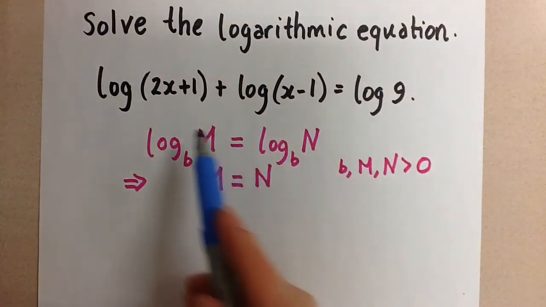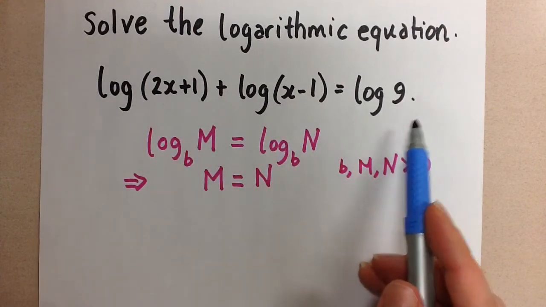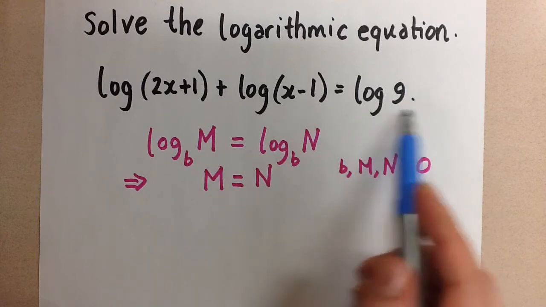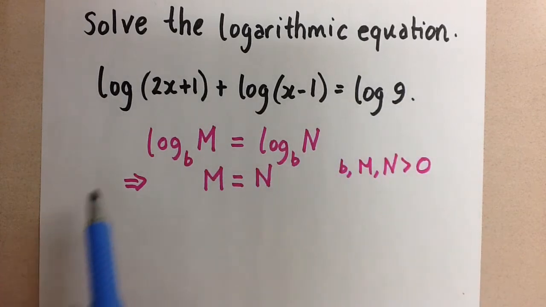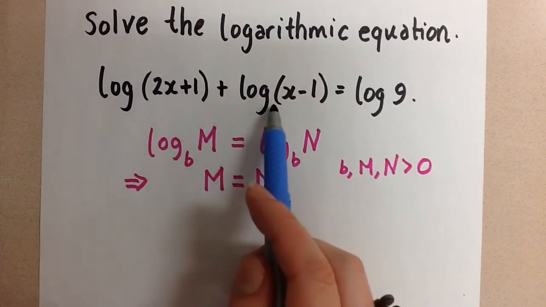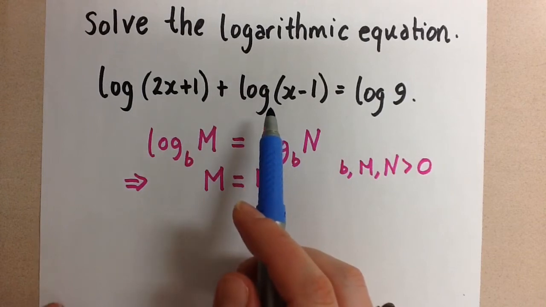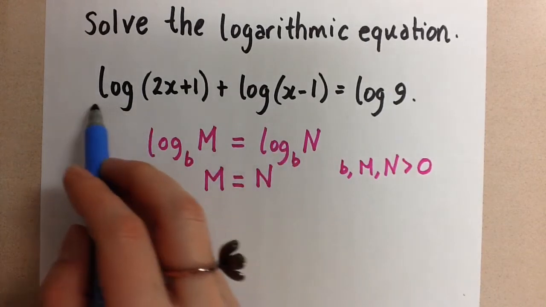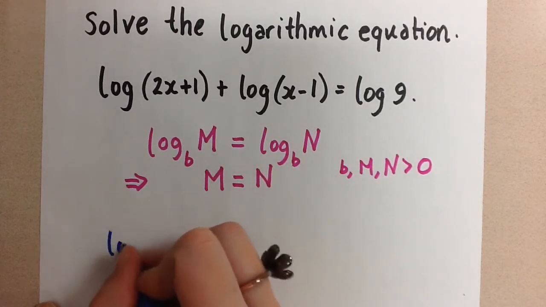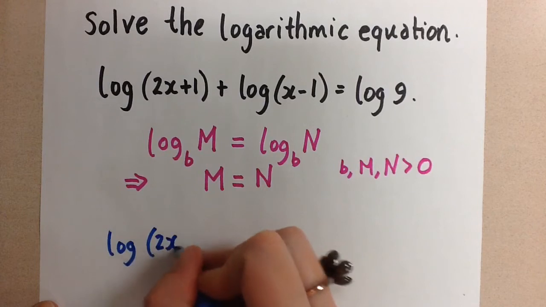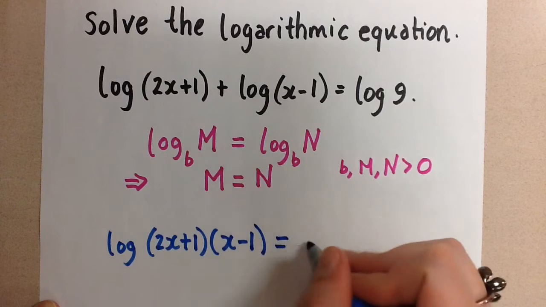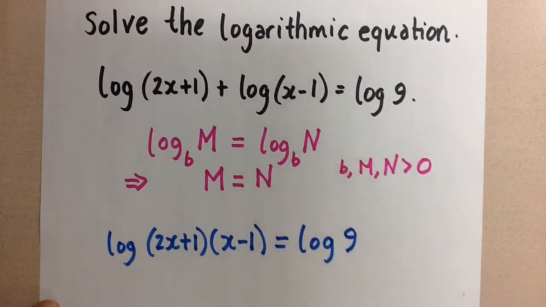So let's go back to the logarithmic equation that we have here. I want to get log of something on this side equals log of something, which we already have on the right hand side. So I need to combine these two together. Well, we're adding logarithms with the same base, so we can use the product law of logarithms here. And so this portion is going to become the log of 2x plus 1 times x minus 1, and I still have log 9 on the other side.